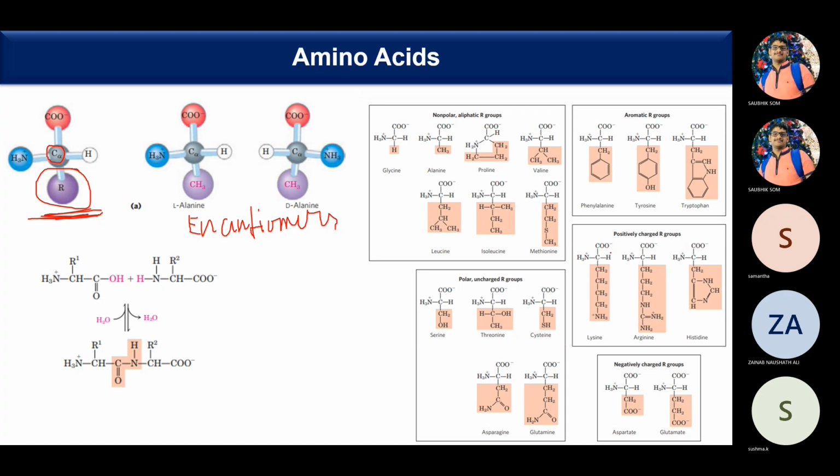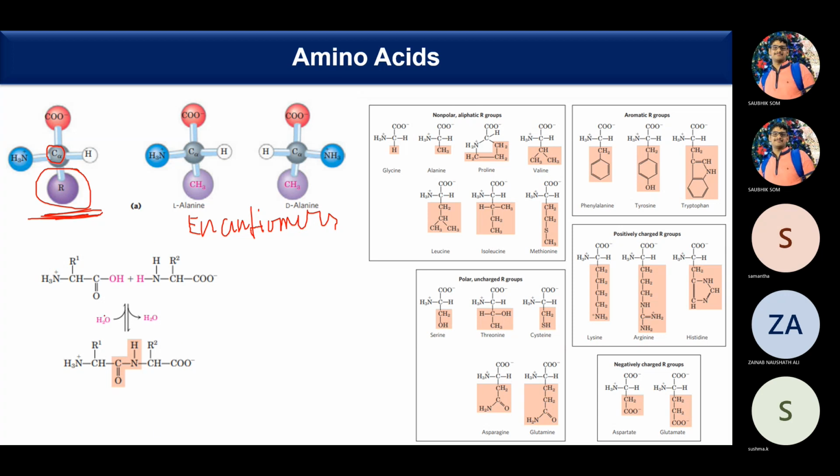Then we have positively charged R groups like lysine, arginine, and histidine, and negatively charged R groups with aspartate and glutamate. These are the 20 different amino acids in nature.